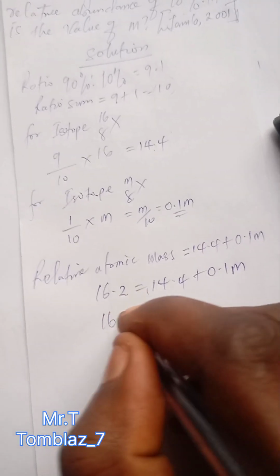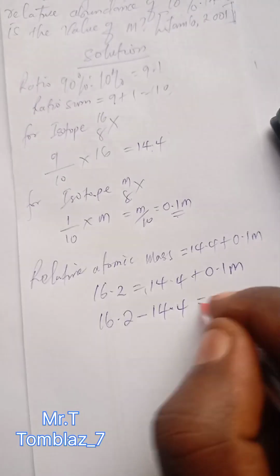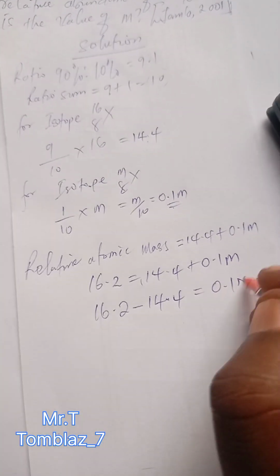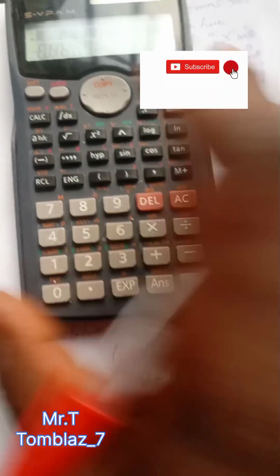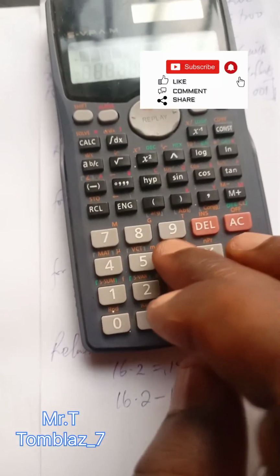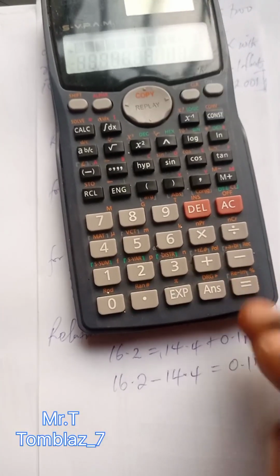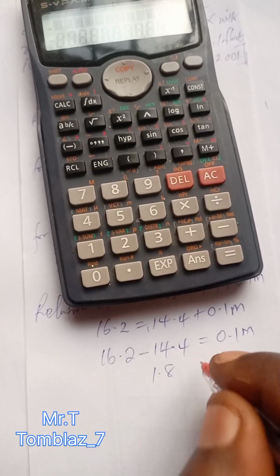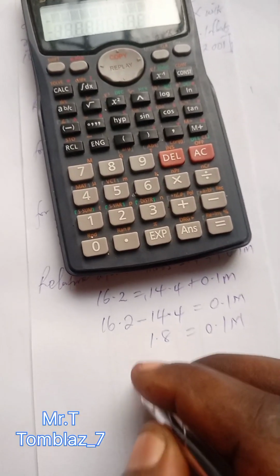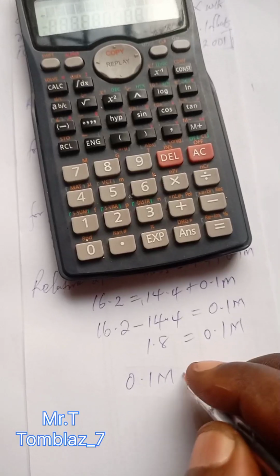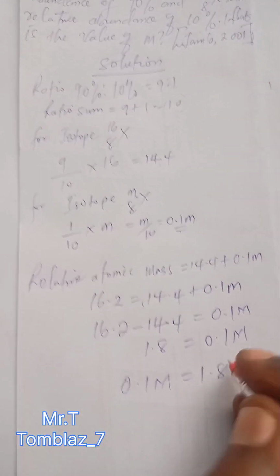So now let's collect like terms. For collecting like terms, we have 16.2 minus 14.4, which is equal to 0.1 M. So let's subtract these values now. 16.2 minus 14.4, we're going to be having 1.8, and it's equal to 0.1 M. So now that we are looking for M, let's rearrange this equation, and it's equal to 1.8.